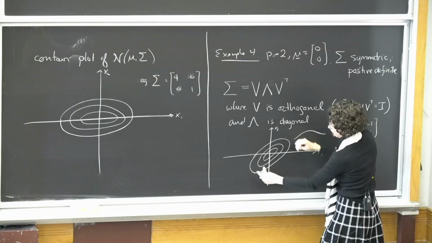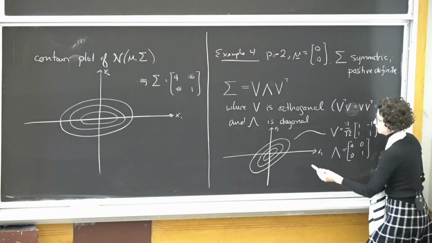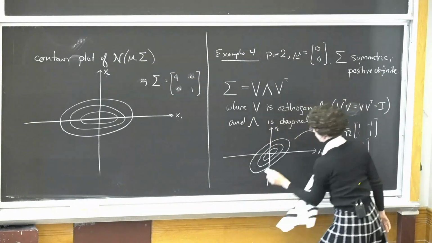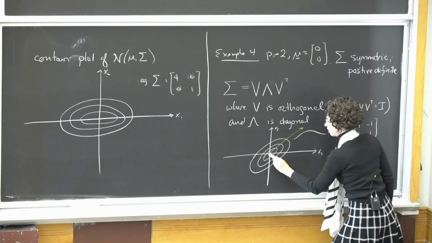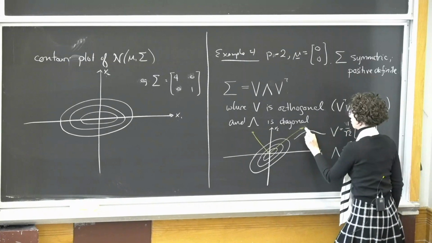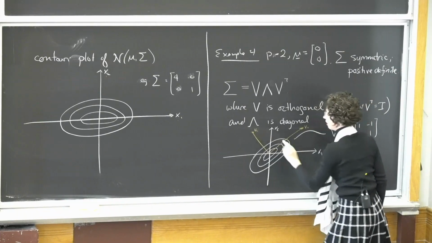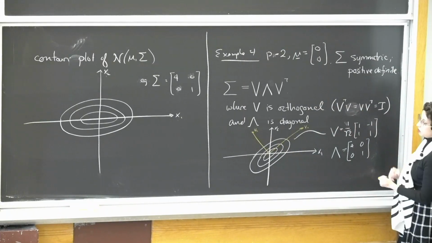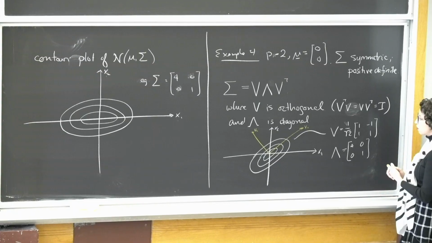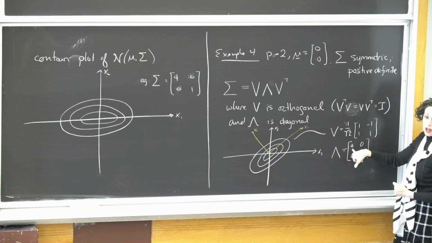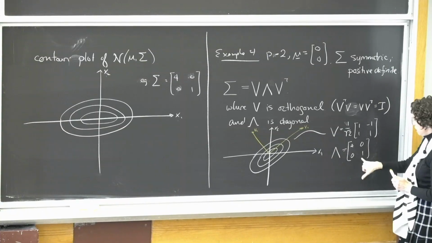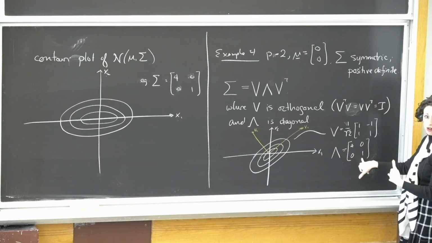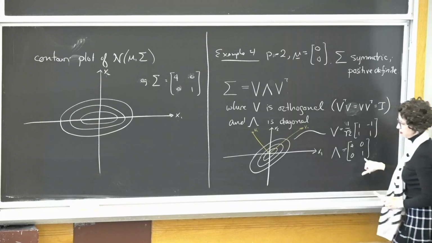I'm rotating it around, so now I'm in a new coordinate axis, so I could think about this as my first V direction, and this is my second V direction. So maybe I'll just call that V1 and V2. So I've rotated to this new coordinate axis. And then in this new coordinate axis, I've got a spread or a variance of 4 in that first new axis direction and a variance or a spread of 1 in the second new direction.